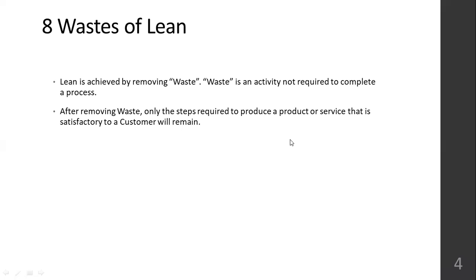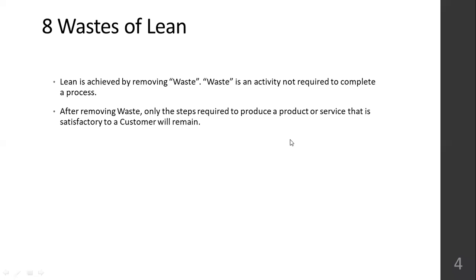After removing the waste, the only steps required to produce a product or service that is satisfactory to the customer will remain. So you're cutting down a lot of unwanted time and a lot of unwanted processes.